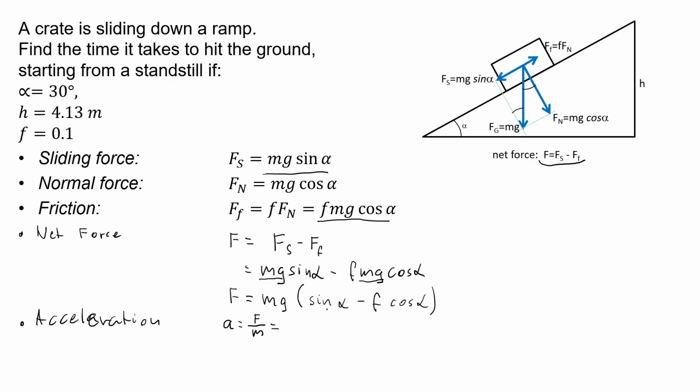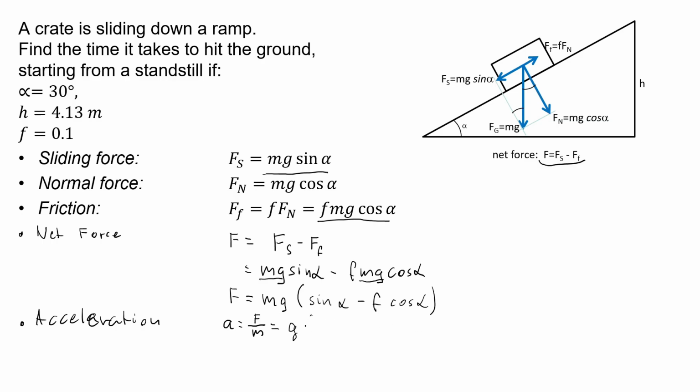So F, the force, is shown here. Please note that the first symbol in the formula for the force is m, the mass. So if we take this force and divide it by mass, the mass will reduce itself, and our acceleration will be just the remaining part of this formula.